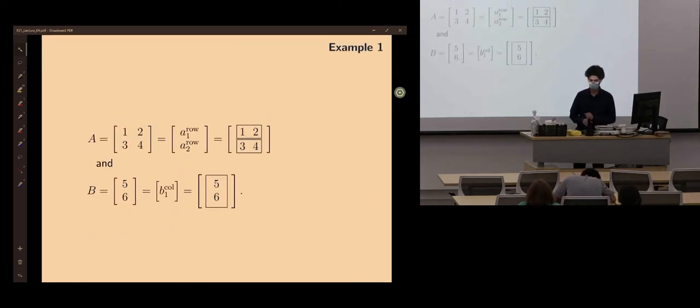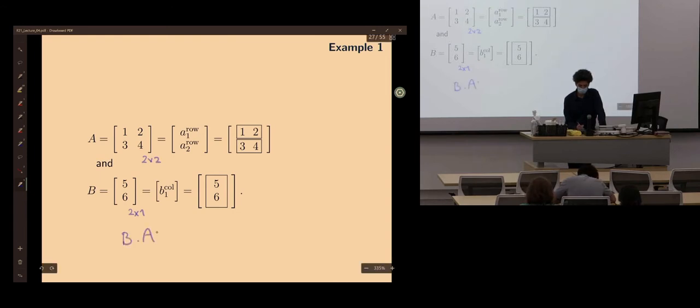First example, we're going to keep it easy. We keep one of them to be a vector. So the first matrix is a 2 by 2. And the second one is 2 by 1. So can I write B times A, right? Can I do that?